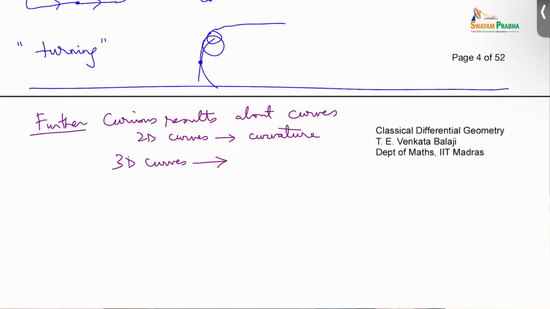The first one is the usual curvature. The second one is called the second curvature, which is more commonly known as torsion. So you have curvature and torsion. This is the new thing that comes. And as you can guess, if you try to get hold of torsion for a plane curve, you will get 0. There is no torsion for a plane curve.